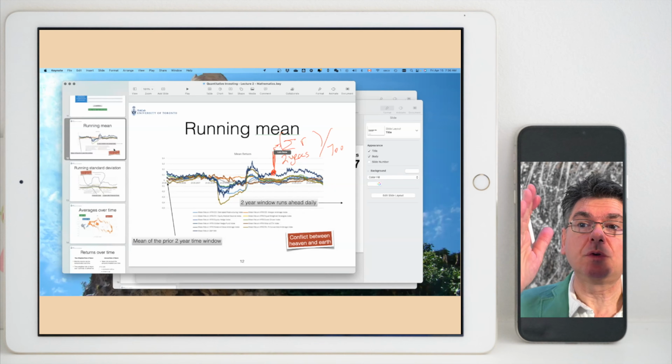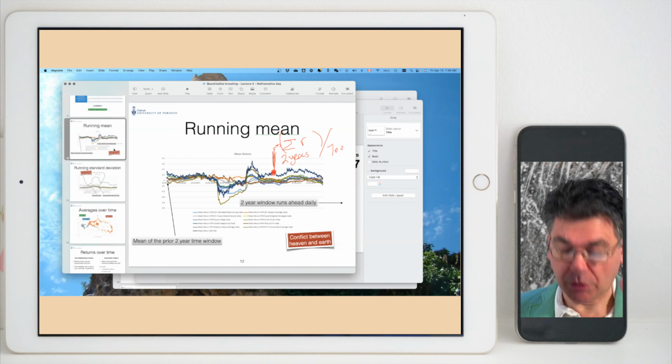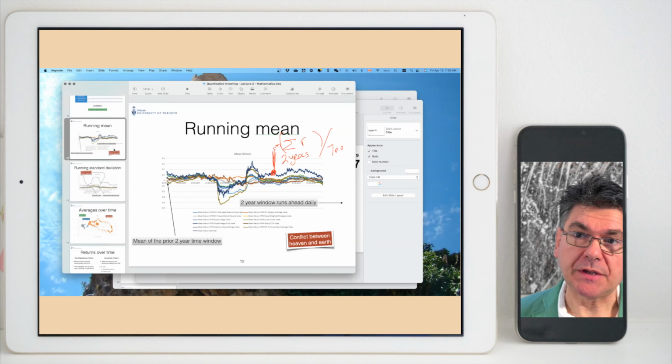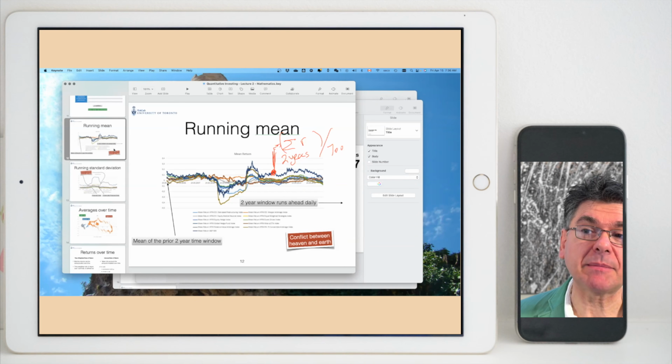And then as you move that window one day forward, that number changes. This is what's called a running mean in this case, and I'm asking you to do the running correlation.